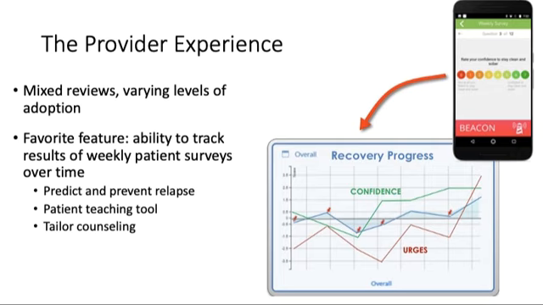The other thing they do is they take a weekly survey that talks about, over the past week, how were things with your cravings? How were things with your relationships? How was your physical health? So they take a brief survey, and that then allows the therapist to look at trends over time.